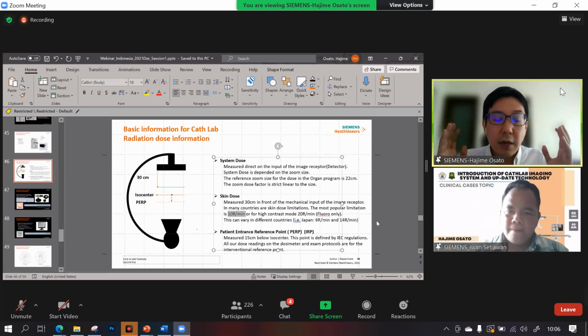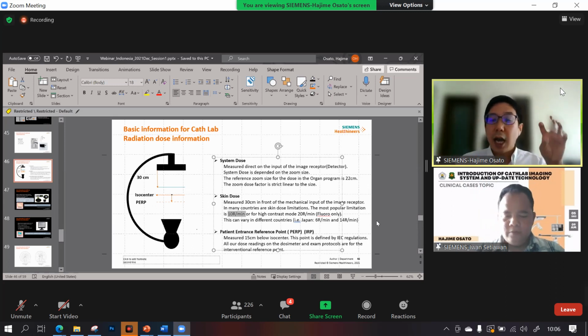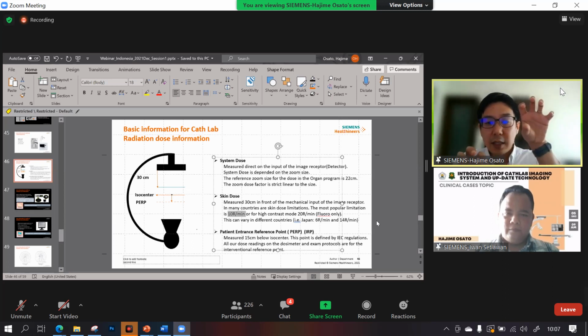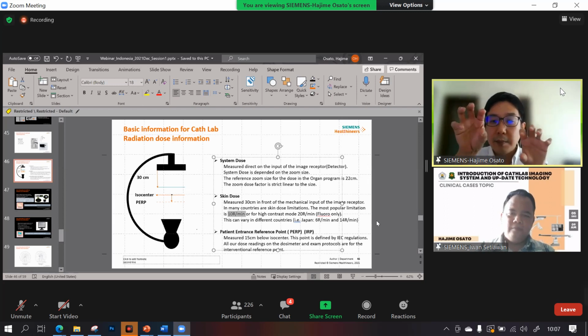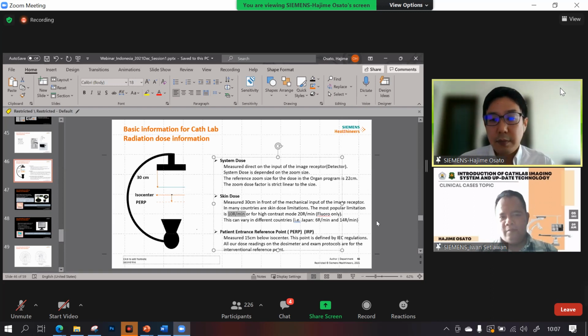We have to think about the combination. If you want to use a high dose value, a high dose value supplies high image clarity, that is totally exactly right. But we have to think about the maxed out situation and also patient dose. So that's why the combination is quite important: high dose value setting with a low frame rate, or high frame rate and a middle or low dose setting value.